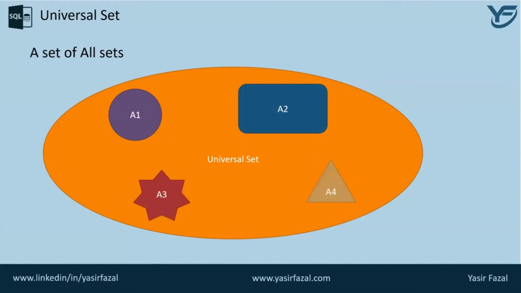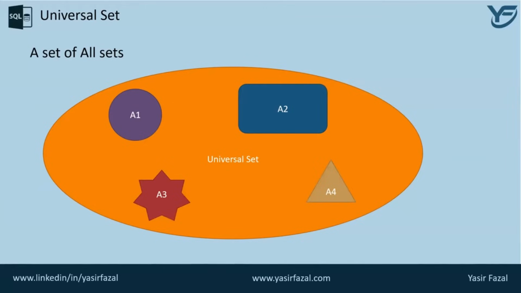A universal set in general terms is defined as the set of all objects under consideration, as depicted in the following diagram. A universal set is a set that contains all elements or objects of other sets, including its elements. It is normally denoted by the letter U.